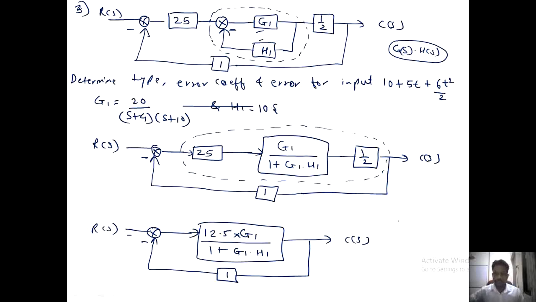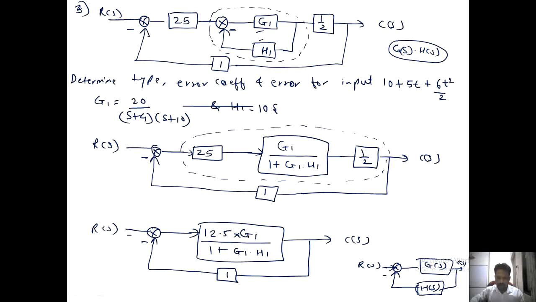Now if you compare with a standard closed loop system, the standard closed loop diagram is given as R of s, summing point, then G of s, then C of s, and in return there is H of s coming to the summing point, with minus or plus sign. This is the standard format.